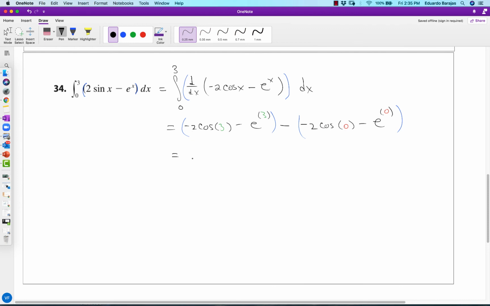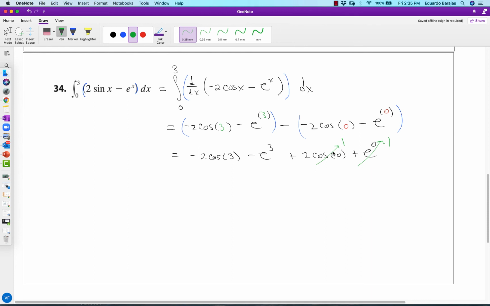Okay, so this is just going to be minus 2 cosine of 3. That doesn't really simplify very much. Minus e cubed. Then minus minus becomes plus 2 cosine of 0. And then minus minus becomes plus e to the power of 0. Cosine of 0 equals 1. And e to the 0 equals 1.